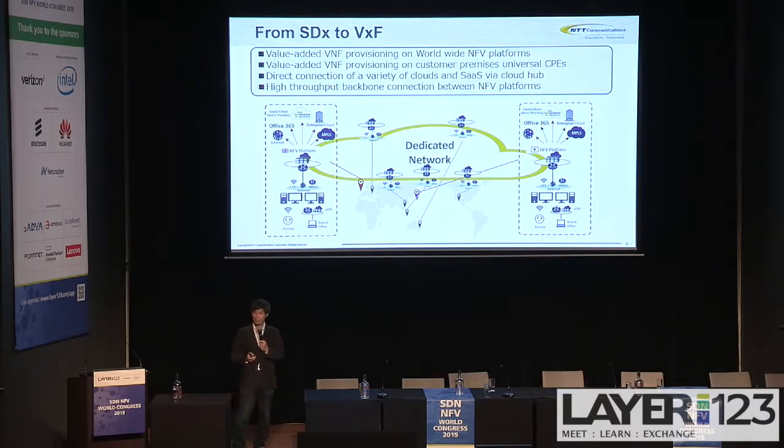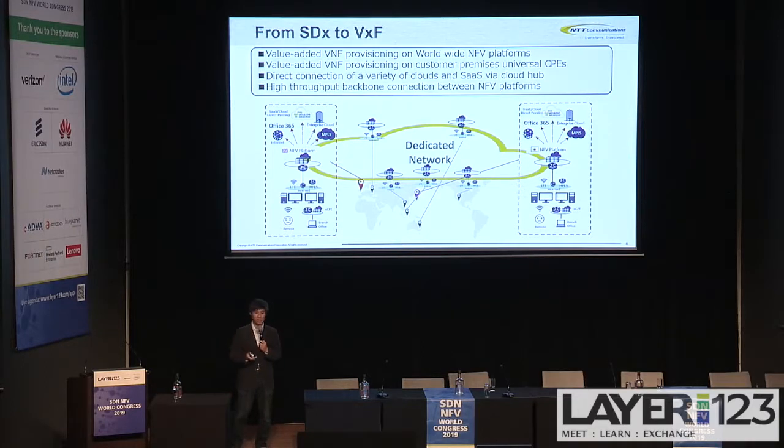Just to give you a very simple example, imagine that you have a branch in Amsterdam. Your branch can connect to the closest POP, then you can enjoy our backbone network, then go to Japan, for example. Imagine that you have a cloud infrastructure in Japan.